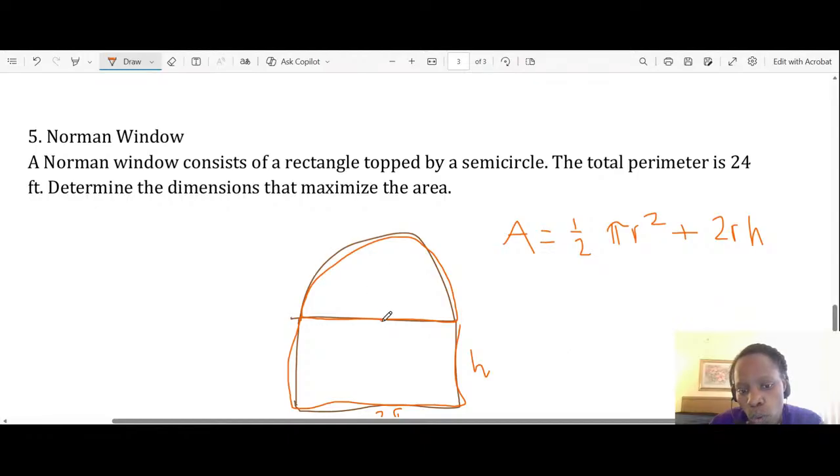So that's that. So that's the area. We want to maximize it, so we can say that A prime is equal to pi r plus, well, what can we say about this? H business.